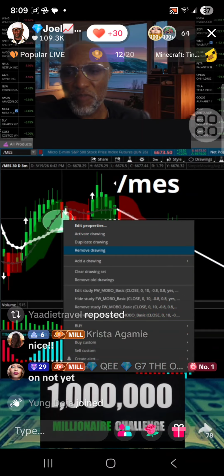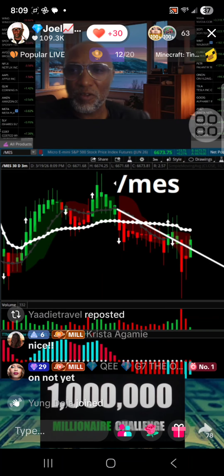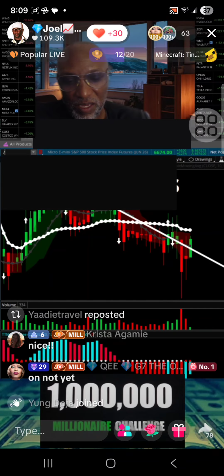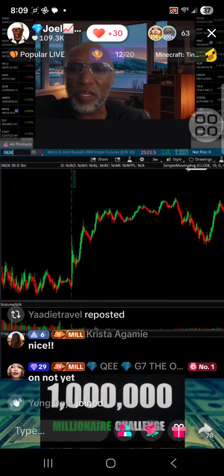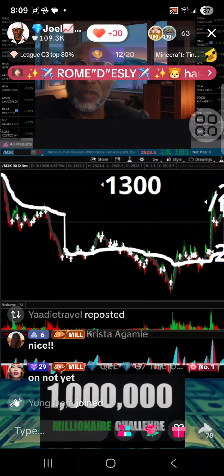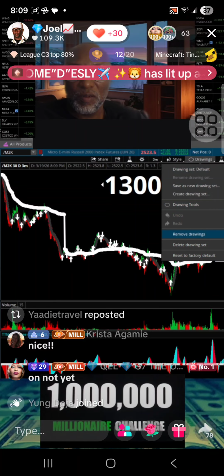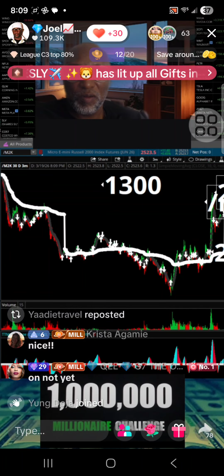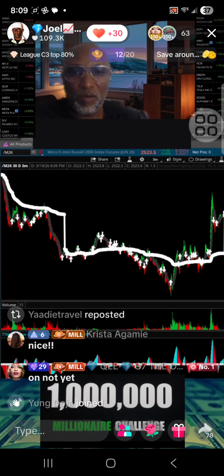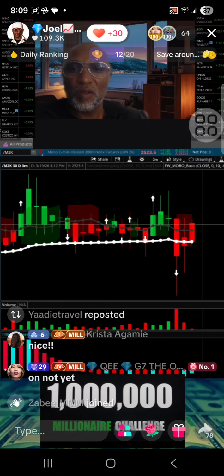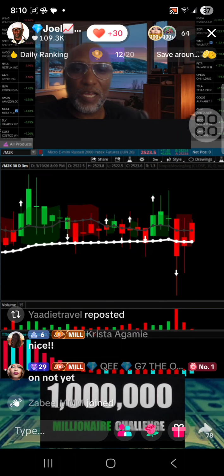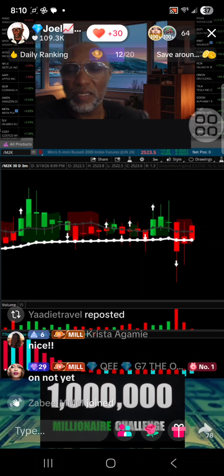Now, let me know if you guys see something, right? So let's go look at the M2K. See if I would take a trade here. Also, choppy jalopy. Looks like we might not be taking that.